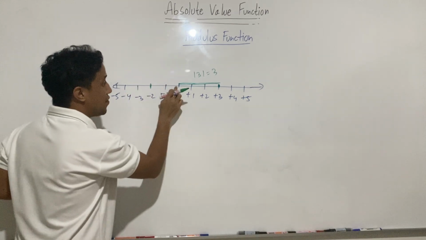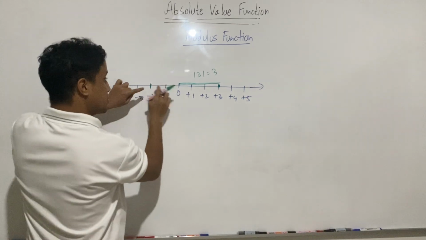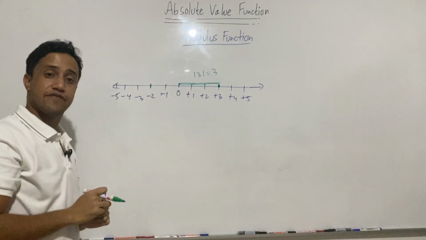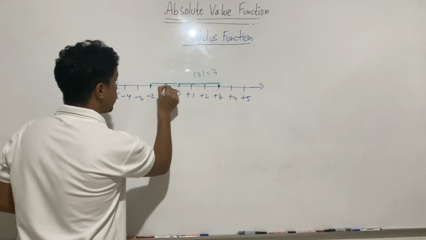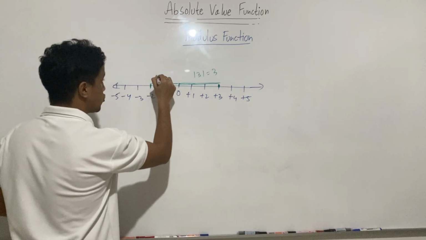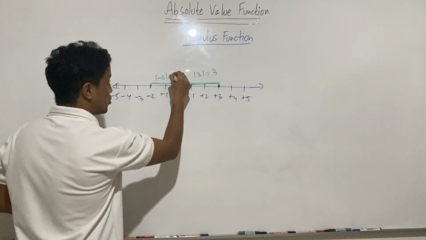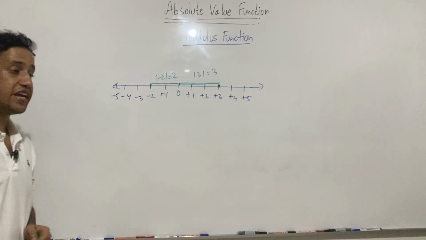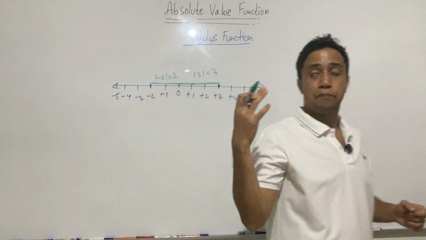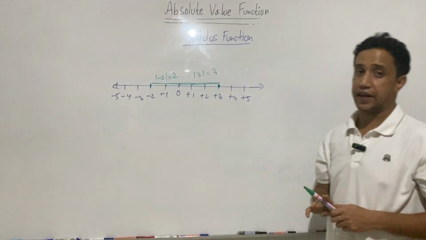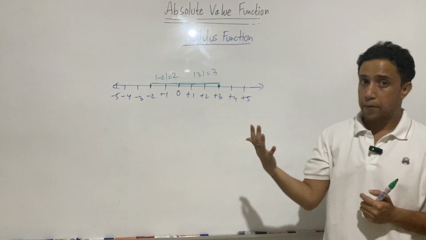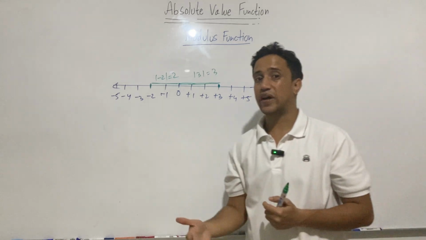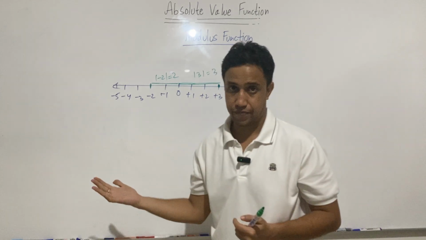This point is 2 units away from the origin, so the absolute value of this point is going to be 2. So from here we can see one thing: the absolute value function is always going to be positive.